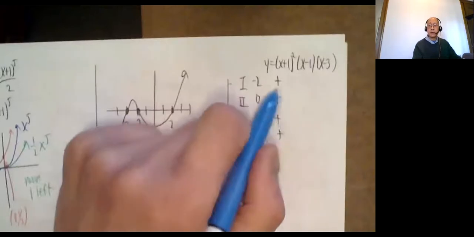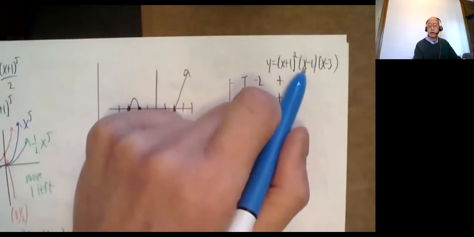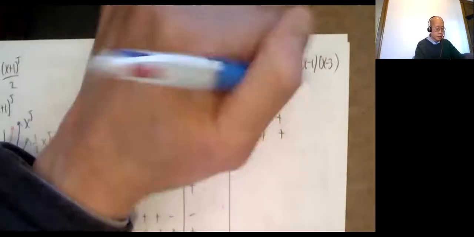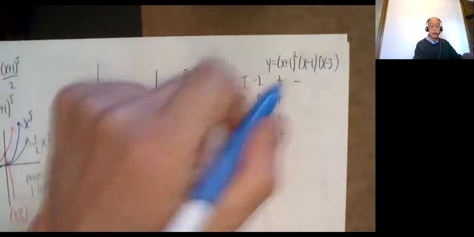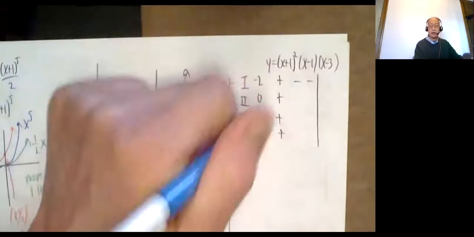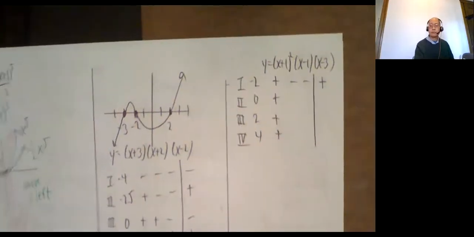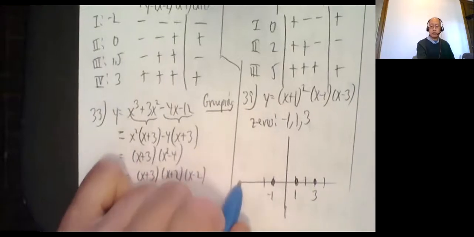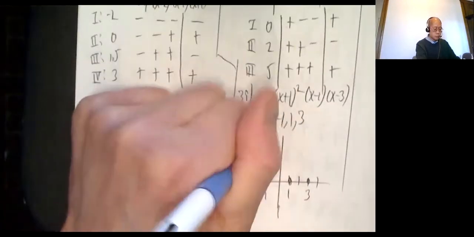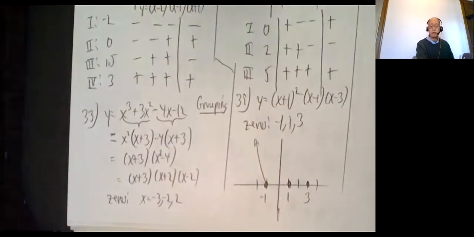Okay. Now, how about these? -2 minus 1, negative. -2 minus 3, negative. So positive times negative, positive. So over here, positive, there are no more zeros to the left of that. So shoot to infinity.